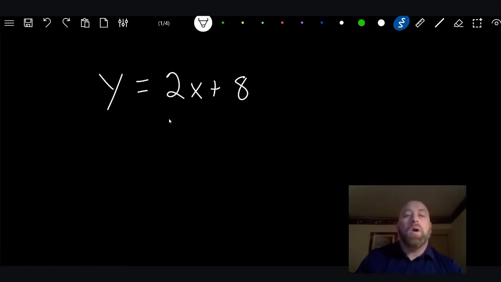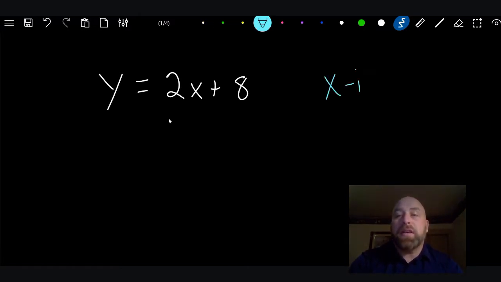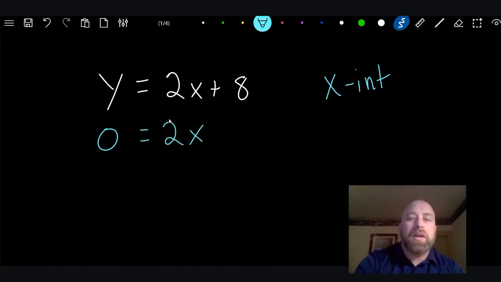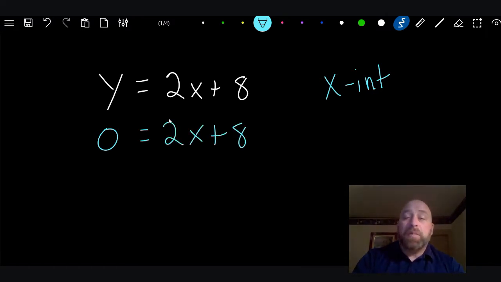So I have y equals 2x plus 8. Let's start off with the x-intercept, okay? If I want the x-intercept, remember I would put 0 in for the y. So I'd say 0 equals 2x plus 8. I would just solve this, trying to get x by itself.